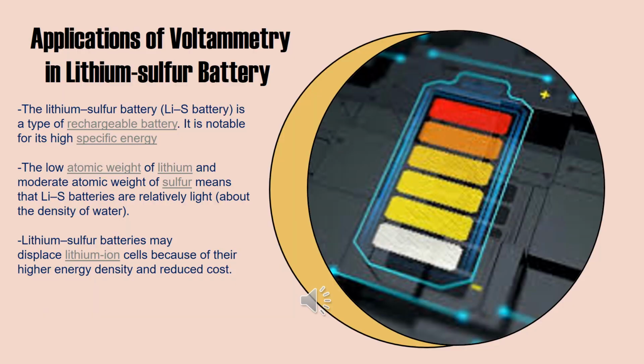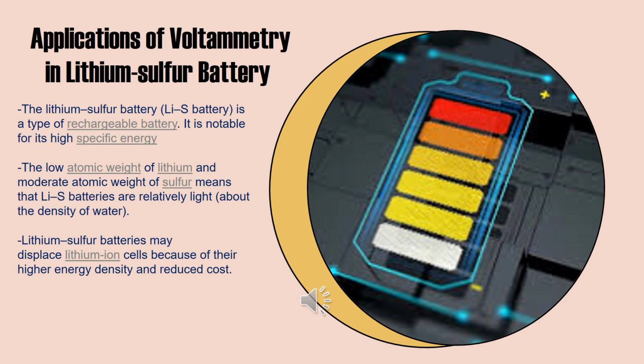Firstly, we go for the application of voltammetry in the lithium-sulfur battery. The lithium-sulfur battery is a type of rechargeable battery. It is notable for its high specific energy. The low atomic weight of lithium and moderate atomic weight of sulfur means that lithium-sulfur batteries are relatively light, about the density of water.